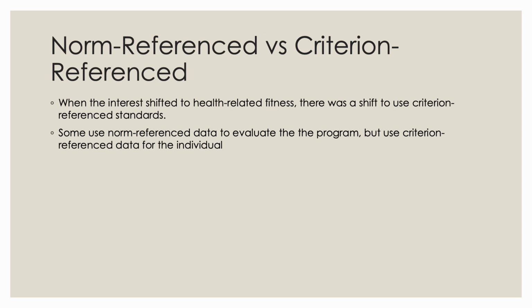Some tests do use norm reference data in order to evaluate the program. However, they tend to use criterion reference data when evaluating the individual. So we might look at norm data to evaluate a program as a whole, but criterion reference data for how the individual scores on the test itself.